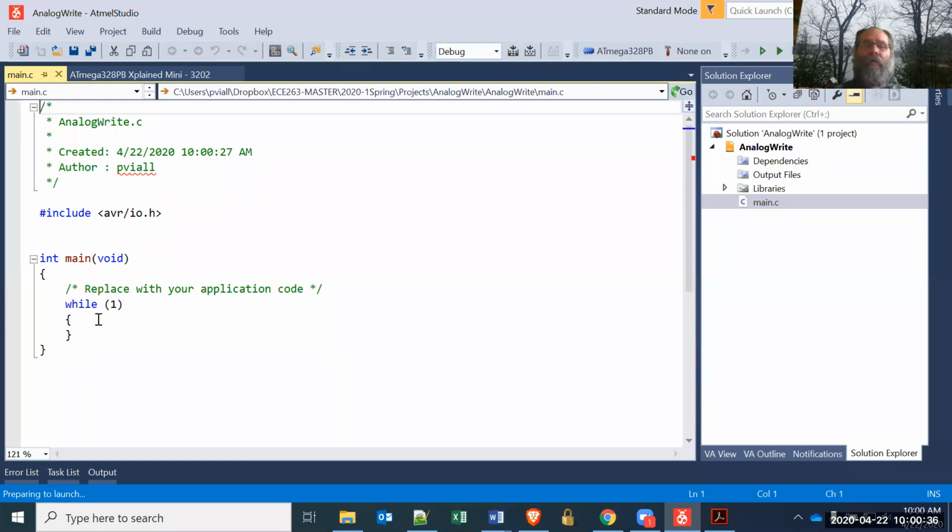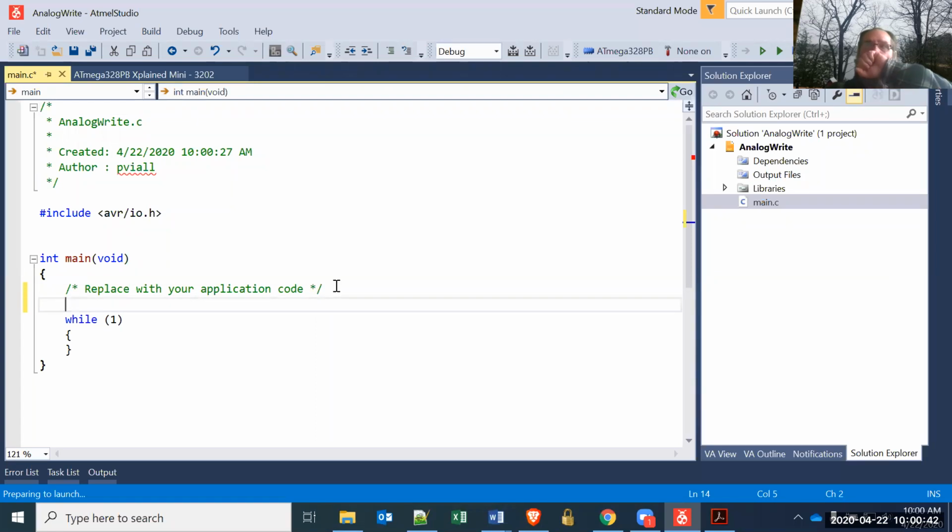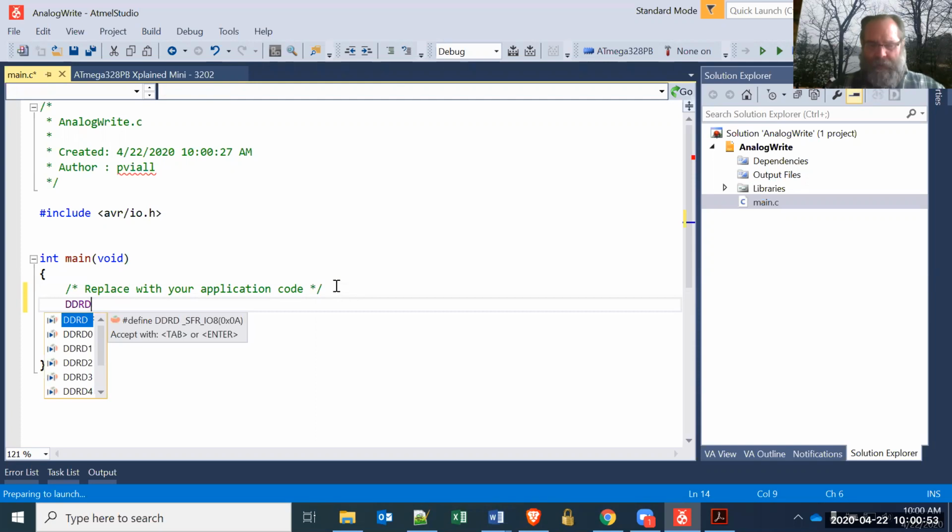Let's just say I want to play with the red LED. I've got to set the DDR register bit 6 to say it's an output.